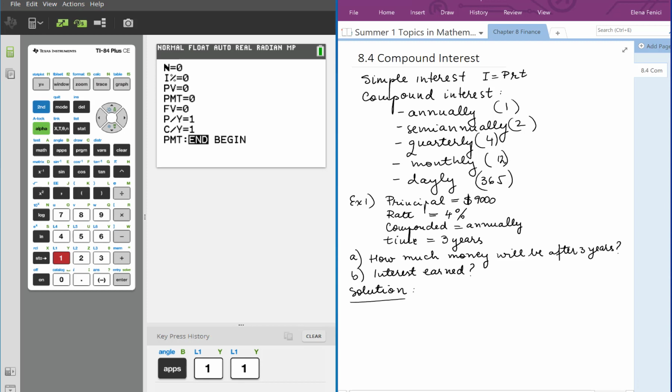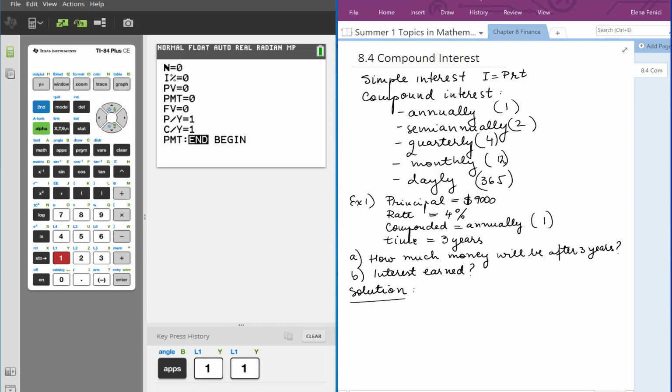So we have this example 1 where the principal is $9,000. Just imagine that you actually have $9,000, that means the principal, you have it right now. The rate is 4%, and the interest is compounded annually. What does that mean for us?